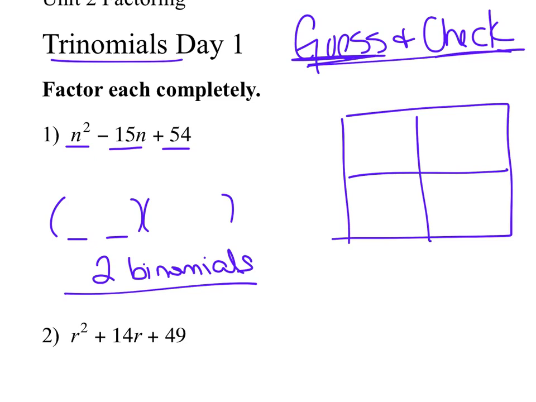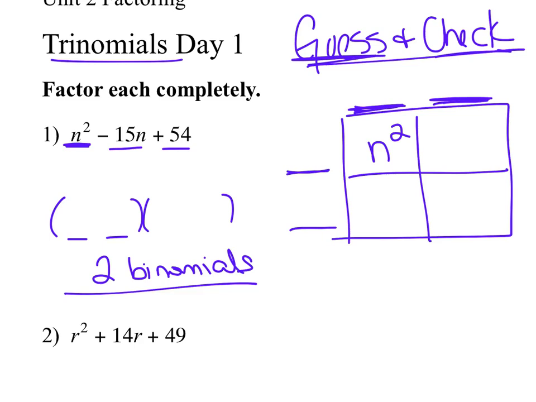So whenever you multiply two binomials together, you put one term here, that of the binomial, and then the other binomial goes on this side, this times this. And when you multiply, in this order, you multiply this one times this one, and you get n squared.